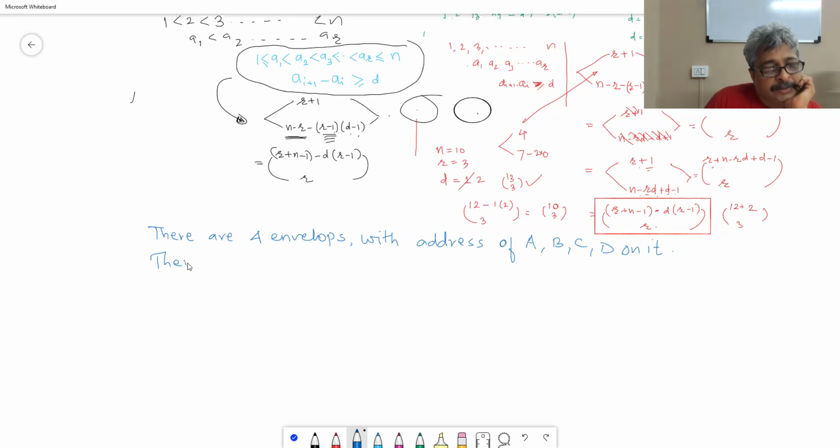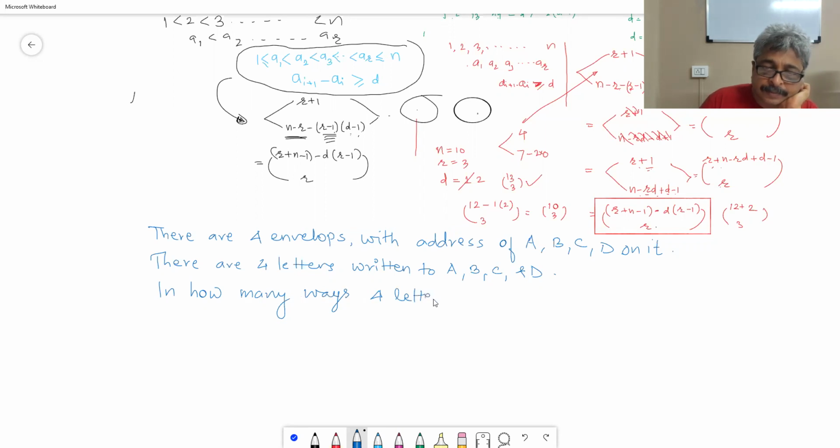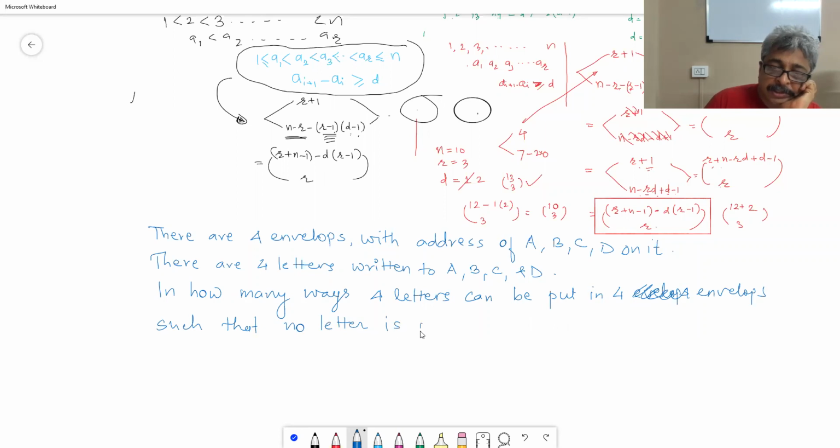There are 4 letters written to A, B, C, and D. In how many ways can four letters be put in 4 envelopes such that no letter is in the correct envelope.